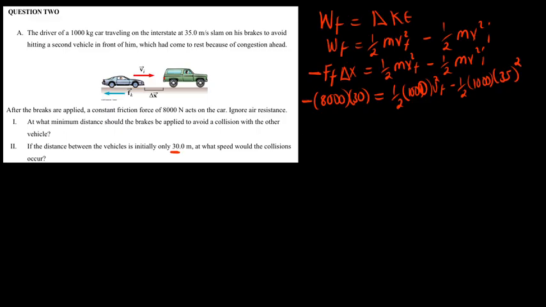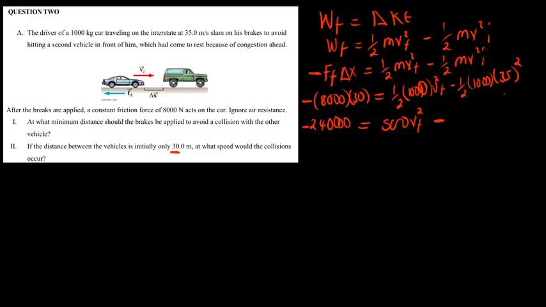So I will say 80,000 times 30. What will be the answer this side? It will be negative 24,000. Negative 24 million, equal to 500 times v final squared minus the initial term.